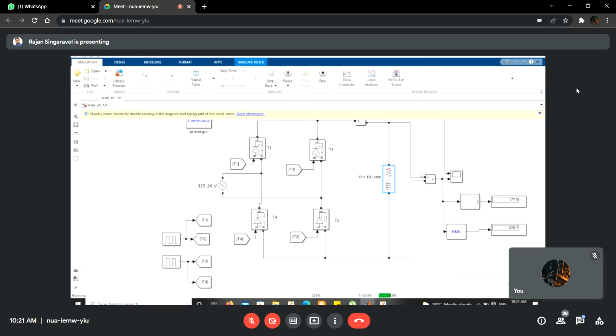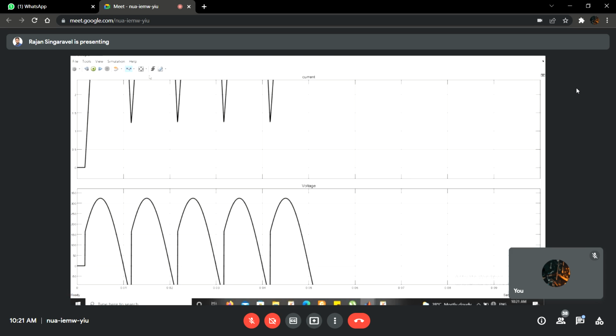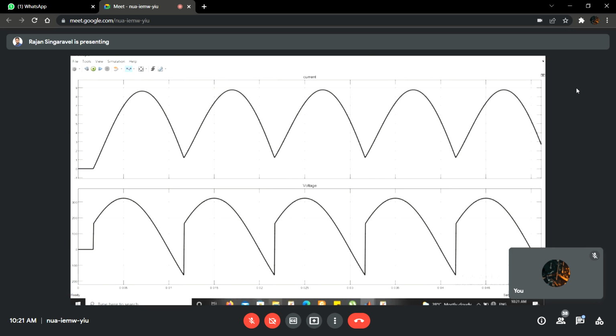Right? So now, if you see the waveform, we can see the difference very clearly. Now I'm going to check the waveform here. Please see here. Beyond omega t equal to pi, more negative voltage is available for this particular case.